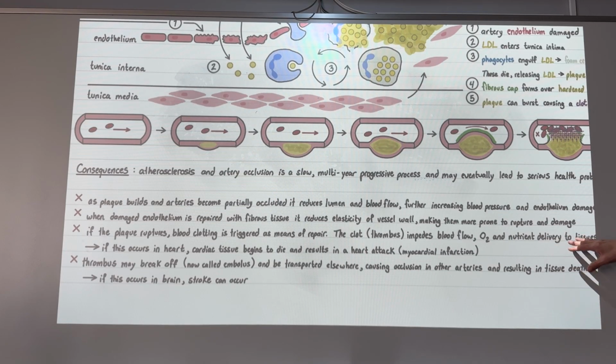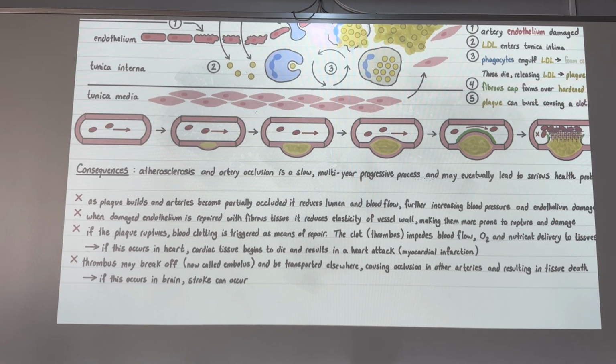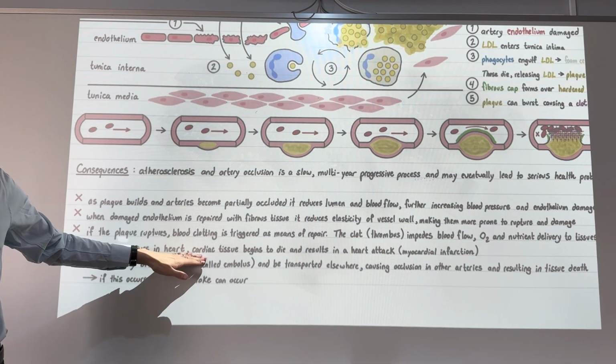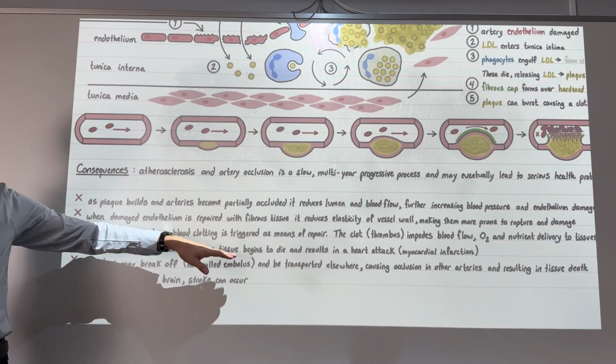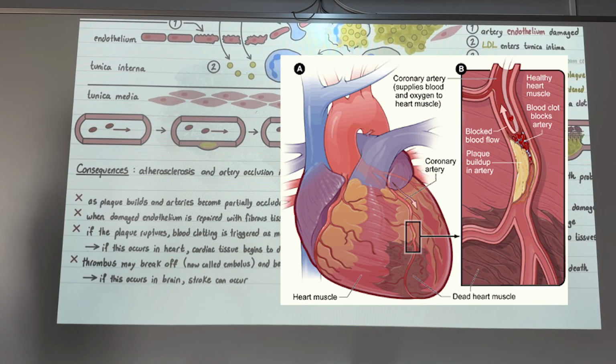This should be quite clear why this is problematic. The oxygen and nutrient delivery to tissues now is going to be completely impaired. And remember, if this is all happening in your heart, this is a big problem. This means your heart muscles are no longer getting any exchange. If this happens in the heart, then your cardiac tissue is literally going to start to die. Your heart tissue is literally dying because it's being starved of oxygen.